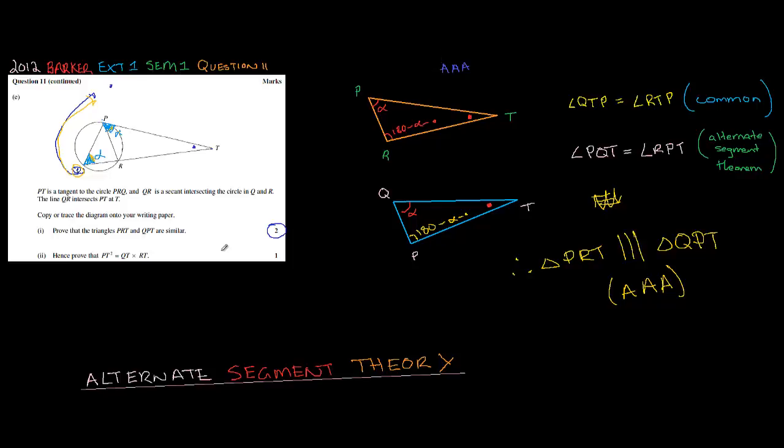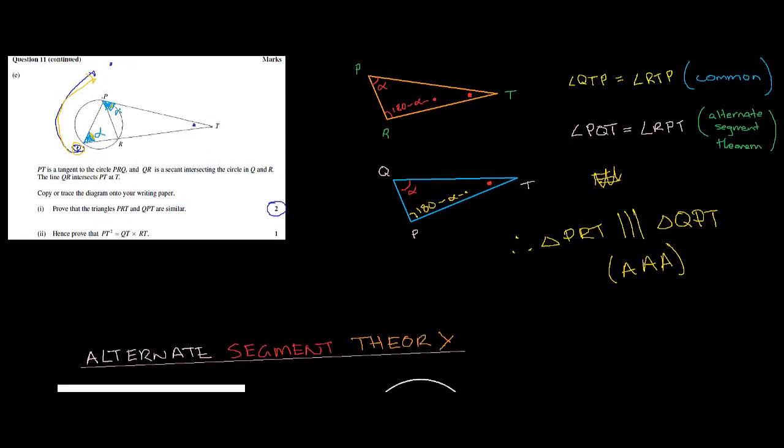That was just part one, and it's just the main part. Now what we've got to do is hence prove, which means using what we've just worked out, prove that this formula, PT squared equals QT times RT. So you can tell that PT is in both triangles, this PT. So hopefully that's where we're going to get this PT squared from. And we're going to use the notion that similar triangles have corresponding sides in the same ratio.